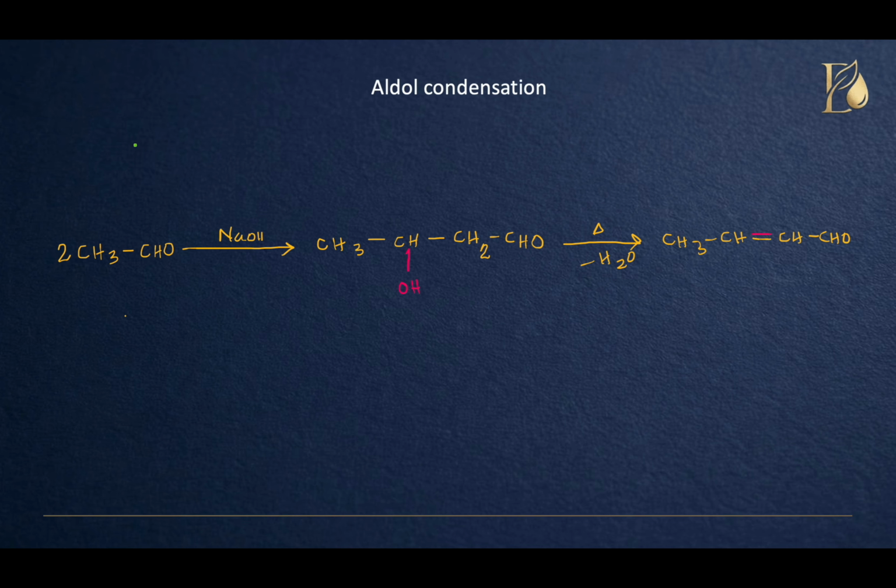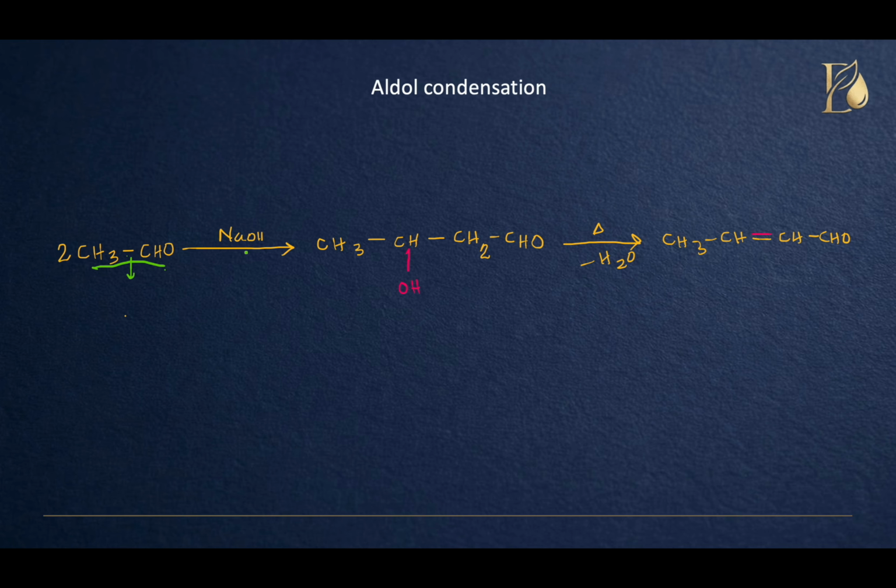So if there is an alpha hydrogen in an aldehyde or ketone, then it can undergo aldol condensation in presence of a base. So look at this reaction. This is an aldehyde, CH3CHO, so 2 moles of aldehyde. Aldol condensation will happen with the same compound. For example, CH3CHO, ethanal, there are 2 moles of ethanal.